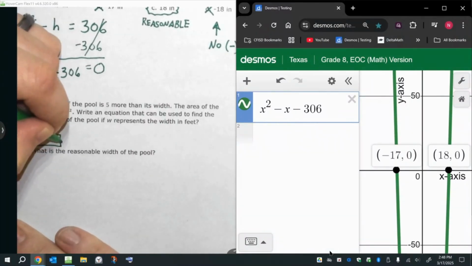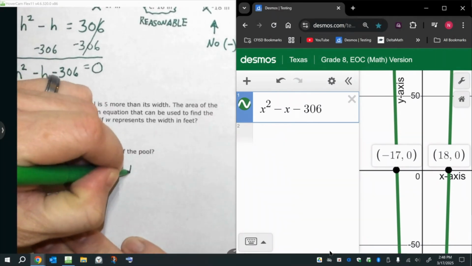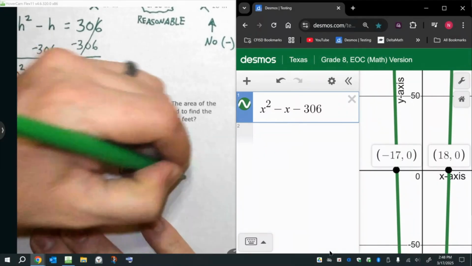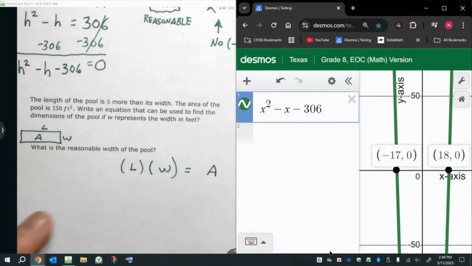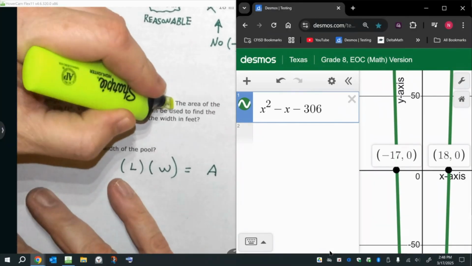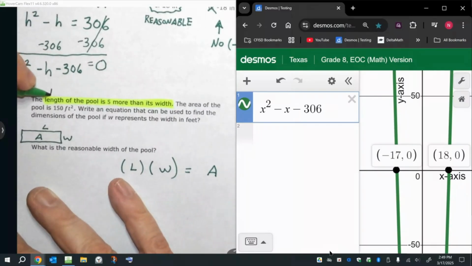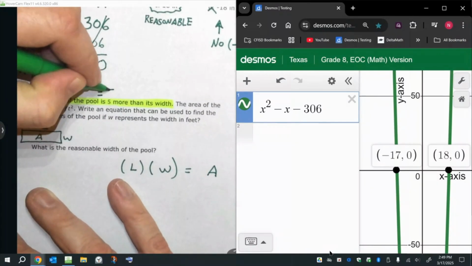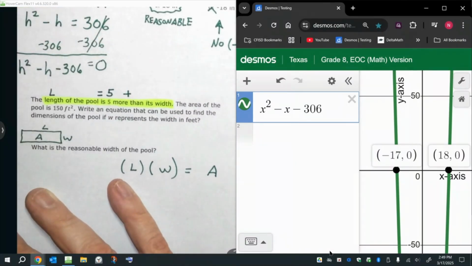And I know that length times width is equal to my area. So the length times the width is equal to my area. Okay, so let's read. We have the length of the pool is 5 more than its width. All right, so we got some keywords in here. The length of the pool equals 5 more than, which means plus, its width.